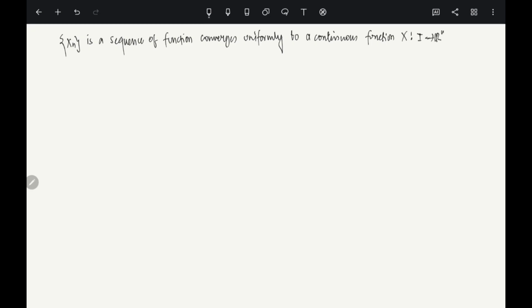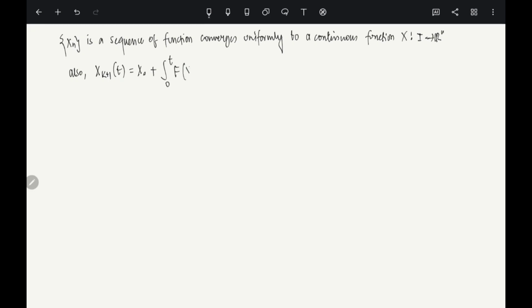This is a Cauchy sequence, and the convergence is uniform. So basically we know that a uniformly convergent sequence will actually converge to a continuous function x from I to R^n. Clear?